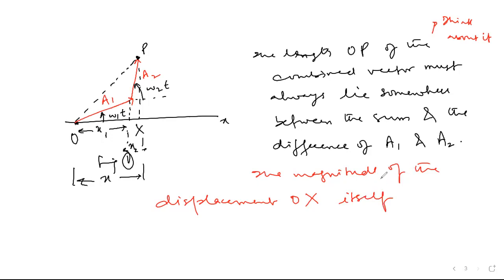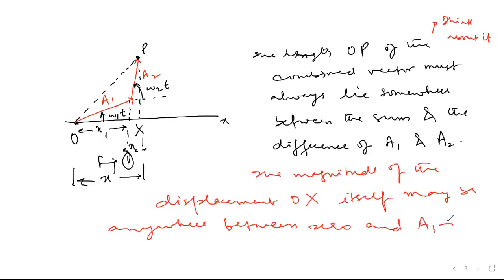So the magnitude of the displacement OX itself may be anywhere between 0 and A1 plus A2, right?